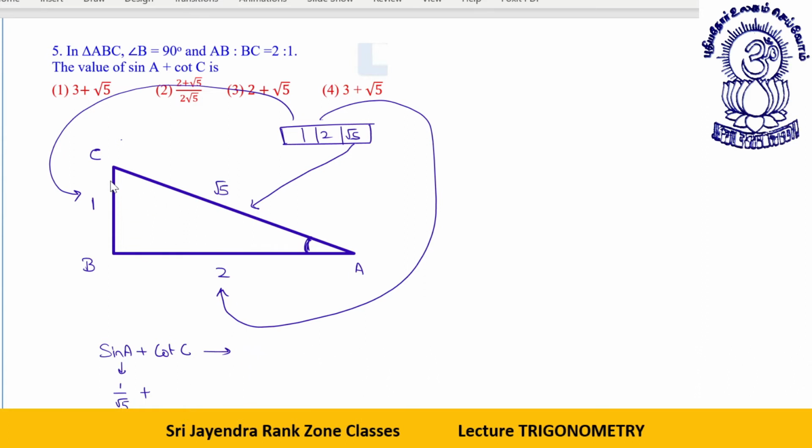Cot C. This is angle C. Cot is base upon perpendicular, that is 1 by 2. So this will give you nothing but 2 plus root 5 divided by 2 root 5. This is your answer. Okay, dear students. I hope it's clear to all of you. Fine, let's move to the next one.